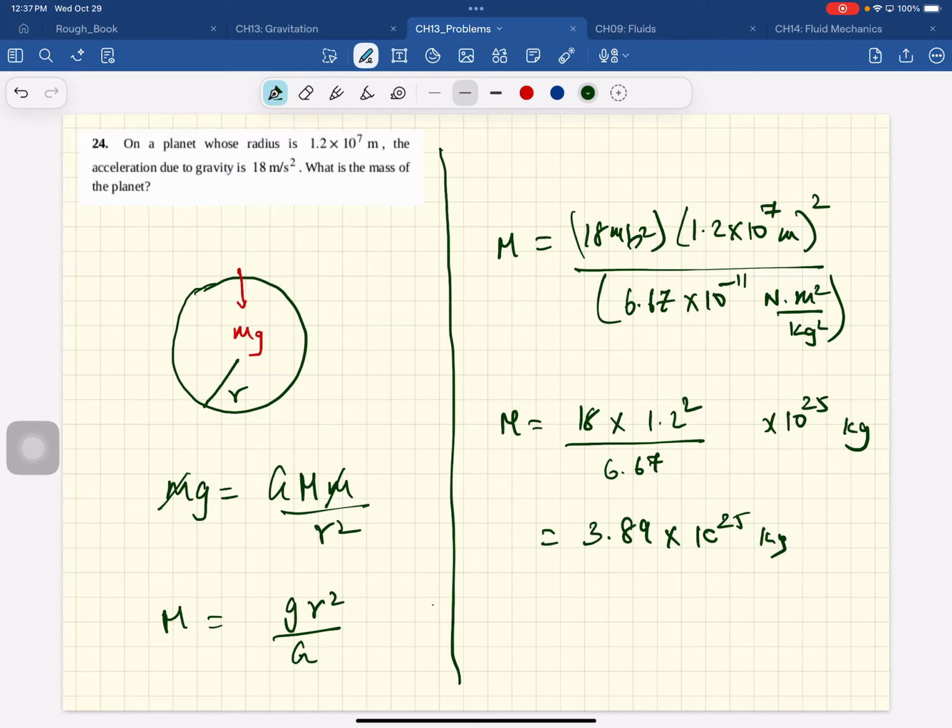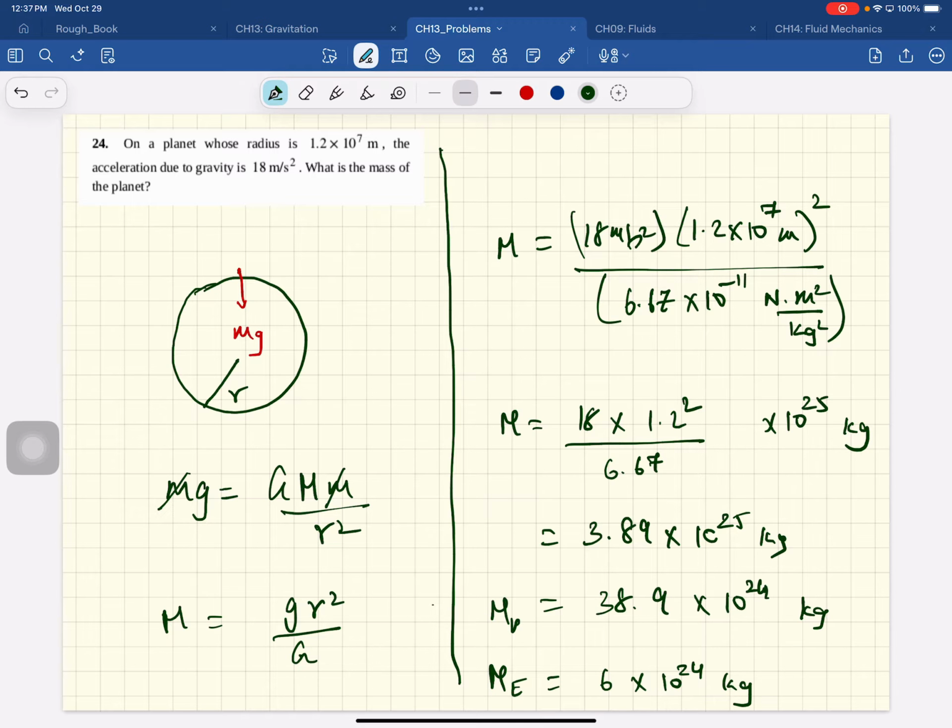So I will write this as 38.9 times 10 to the 24 kg. That's the mass of the planet. And the reason I write that is the mass of Earth, you can check, is about 6 times 10 to the 24 kgs.